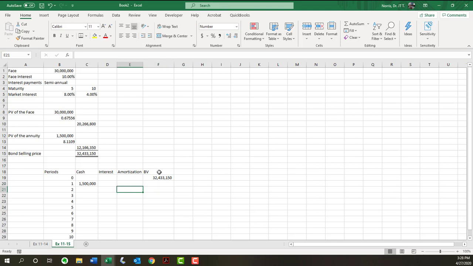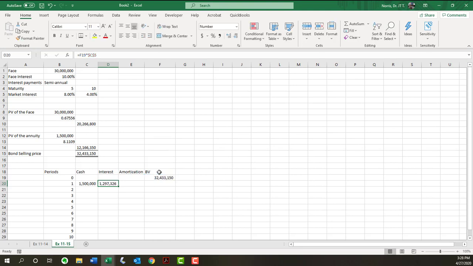So the interest would have been the book value times the effective market interest rate, or 1,297,326. So in this case, on a premium, the market only wanted 1,297,326.